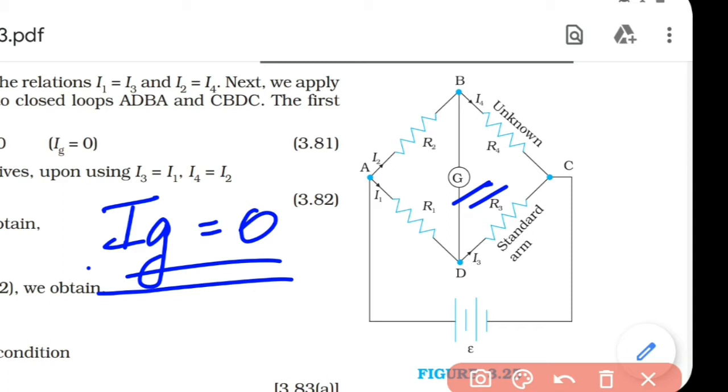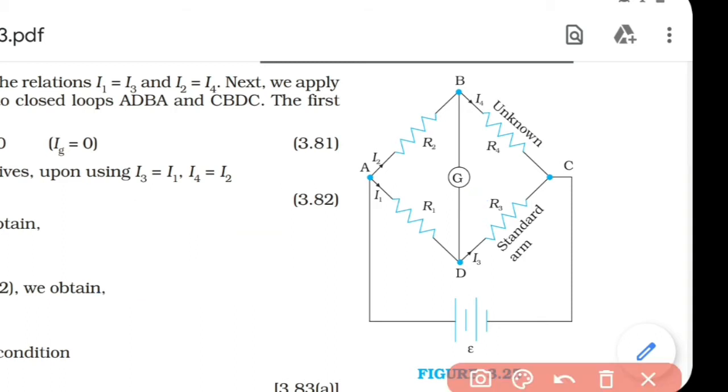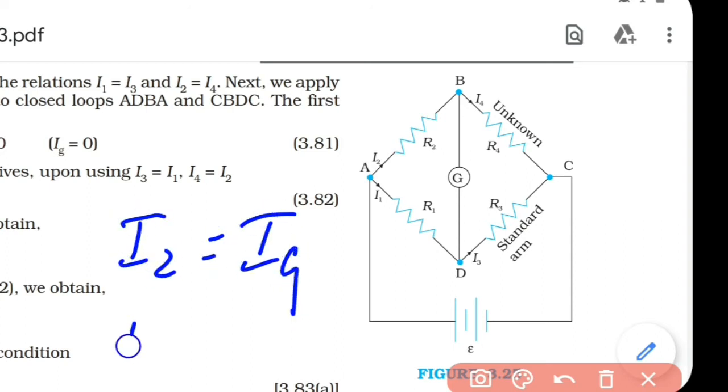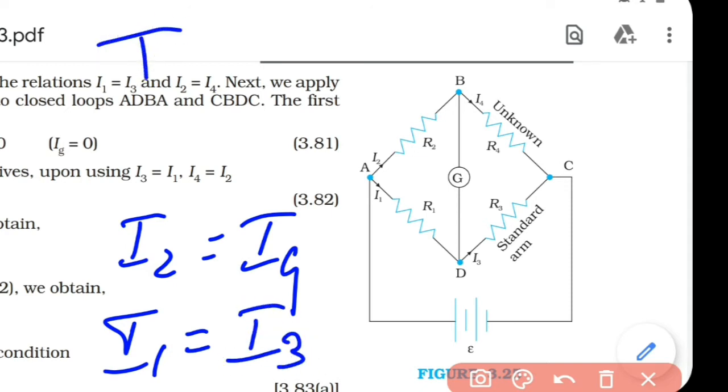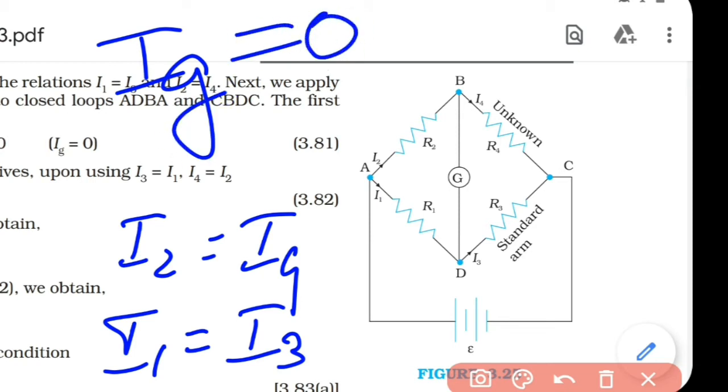When the bridge is balanced, IG is equal to 0. So what can you conclude? I2 is equal to I4 and I1 is equal to I3. This is only because of the balancing condition, that is IG is equal to 0.